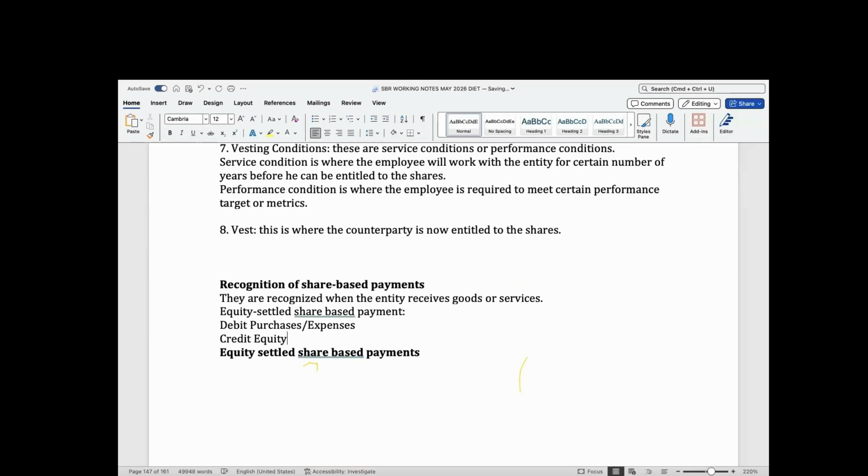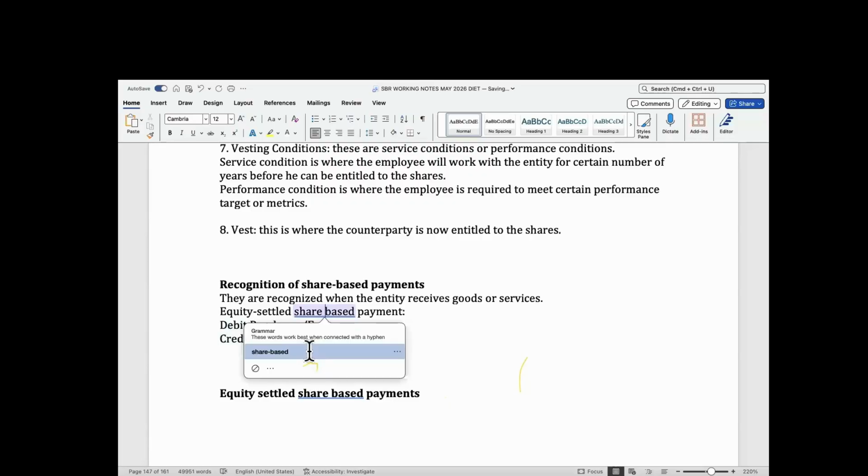Usually equity or equity reserves. So you'll see me using equity reserves often because what is popular is share options. Hardly would you find the examiner give you one where you just credit equity, because that one is very straightforward. You will see why very soon.